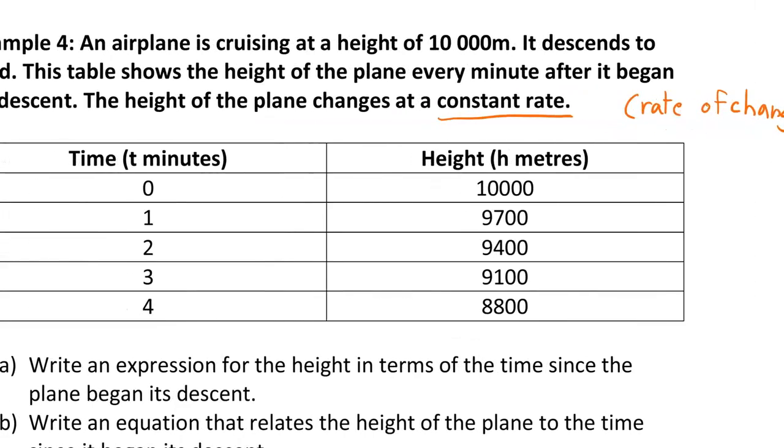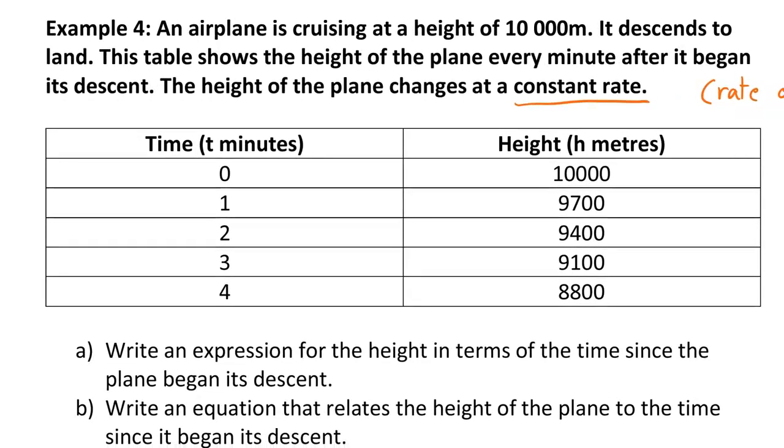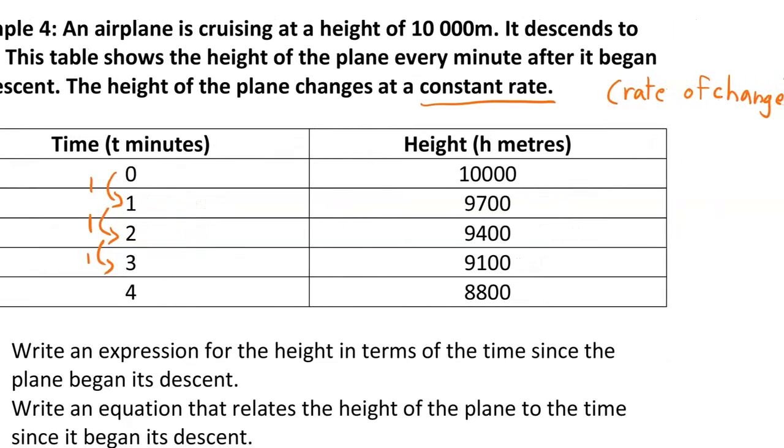Now looking at the information we have time, which is t minutes, and height, which is h meters. They give us our 0 value for time, so we're starting off at 10,000 meters when they first started taking the time, and we want to look for what's our rate of change for x, or for time in this instance. So it's increasing by 1 minute every time.